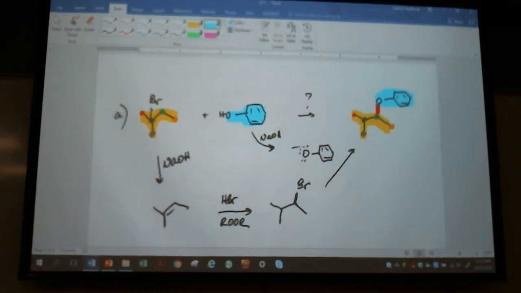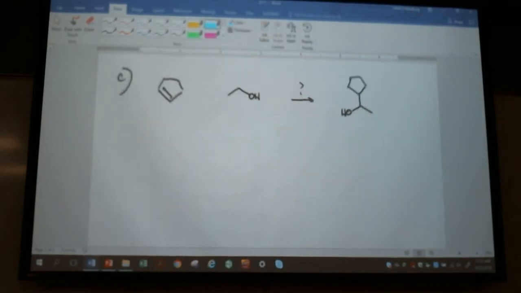Right? In here, I am making this from here, and this from here. I am making a carbon-carbon bond.